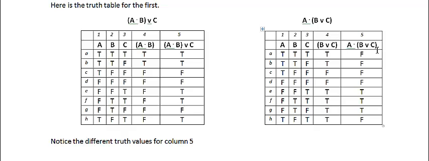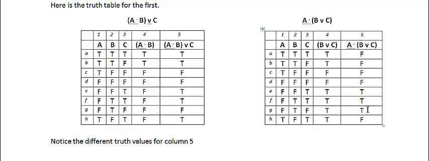And then when you want to figure out the truth values for the whole thing over here in A dot parentheses B wedge C, you use columns 4 and 1 to fill this in.